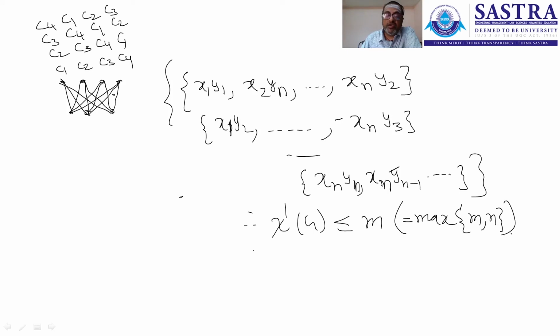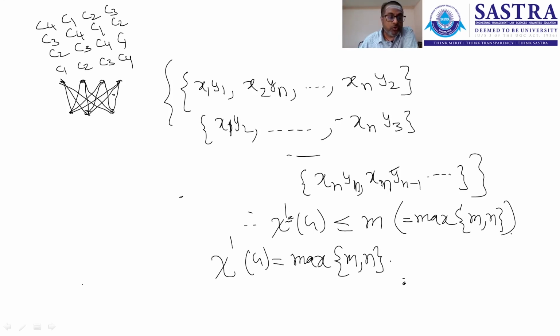So in this case, for a complete bipartite graph K m comma n, your chi dash of G, that is what you have written here, is either m or n, which is the maximum. Chi dash of G is the maximum of m comma n.